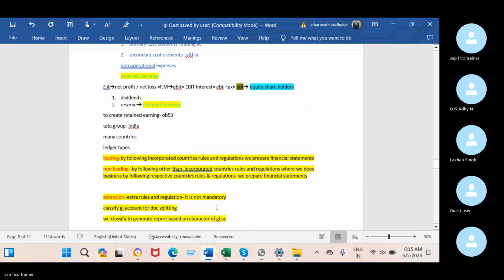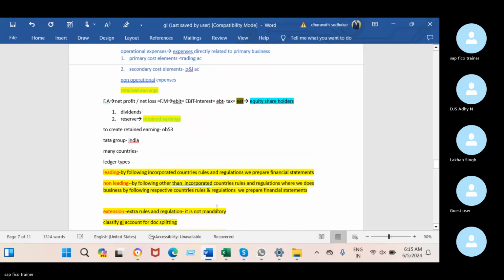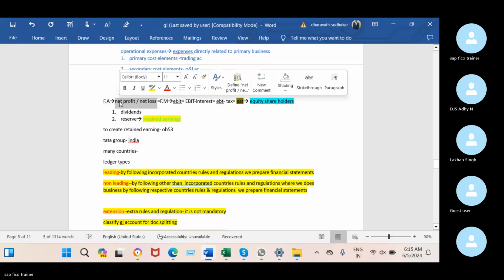Okay, retained earnings are nothing but the profit or loss which we carry forward from the last year to the next year. As per the profit and loss account, the profit which we get, we give it as net profit or net loss. The same thing, when you apply financial management, we call EBIT, earnings before interest and tax.